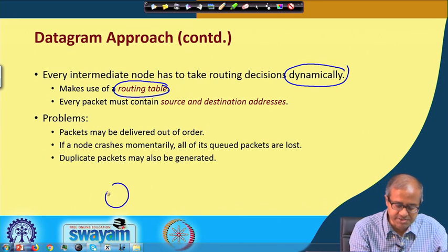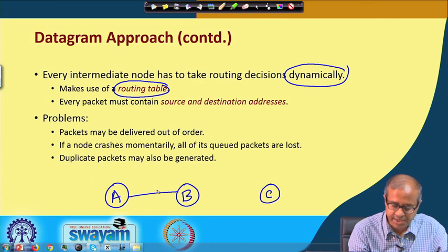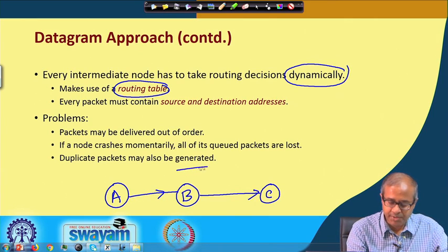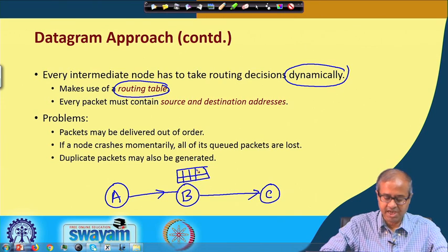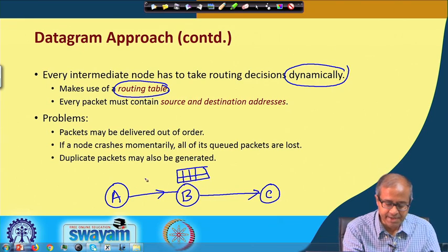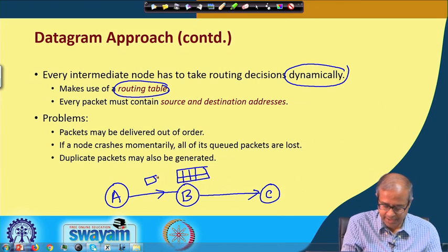Think of a scenario where there is a node A, a node B, and a node C. You are sending data from node A to node B and then from node B to node C. Now, this node B will maintain a table that contains relevant information, like whenever an incoming packet comes, where this packet has to be forwarded to.